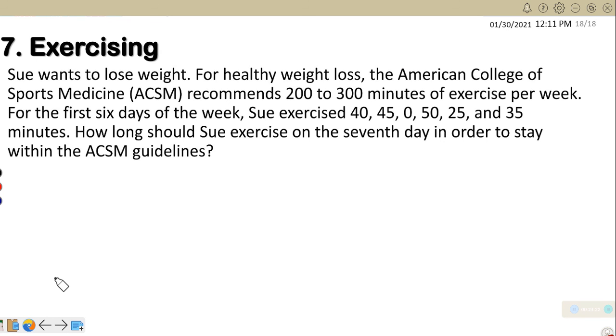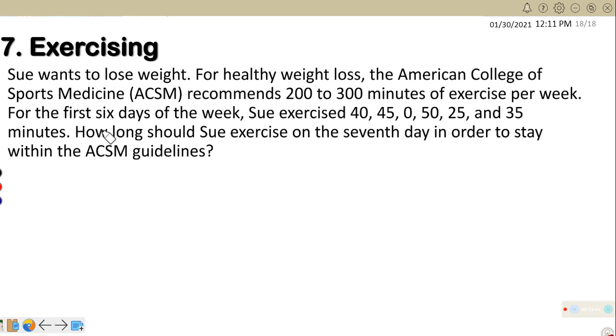Okay, so next question is exercising. How can we apply inequality in exercising? Look at the question. Sue wants to lose weight.